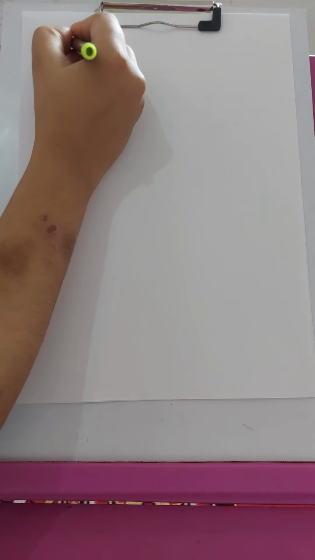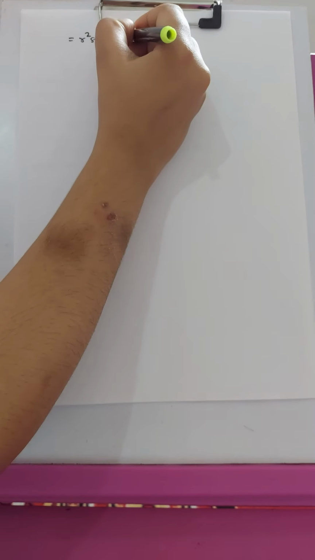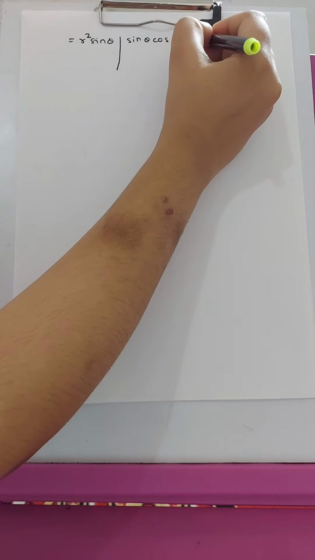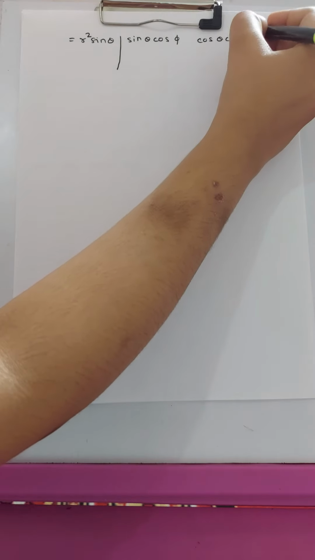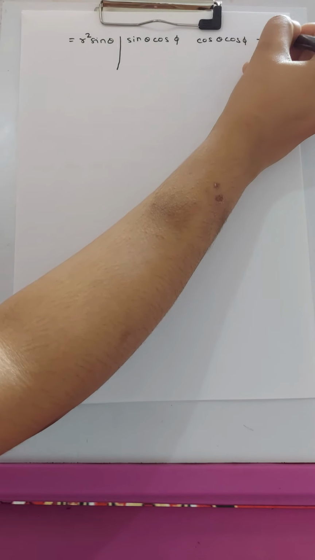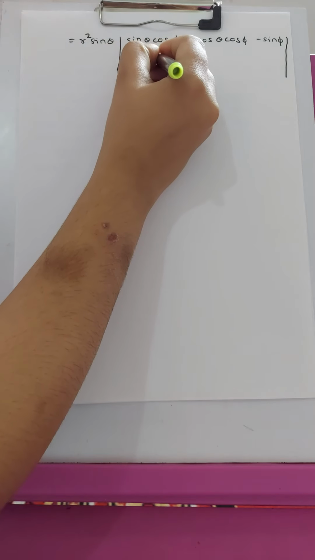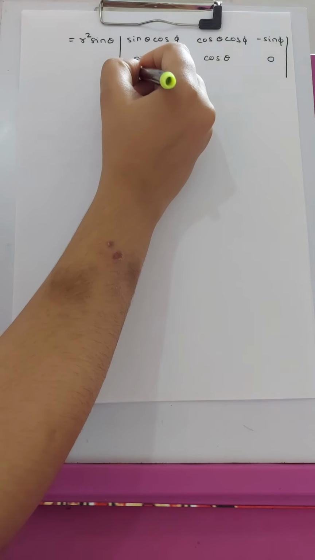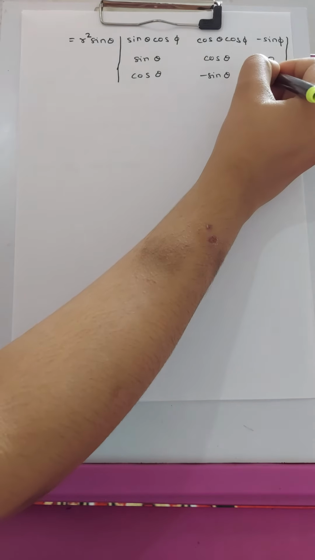By applying the operation we get r square sin theta in front of the determinant with the first row sin theta cos phi, cos theta cos phi, minus sin phi. The first and third rows will be as they are. The second row will be replaced by sin theta, cos theta, 0, and again the third row will be as it is, that is cos theta, minus sin theta and 0.